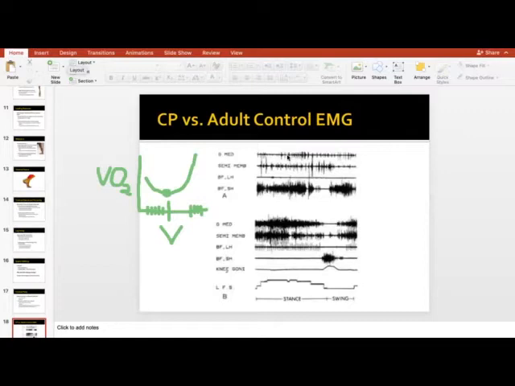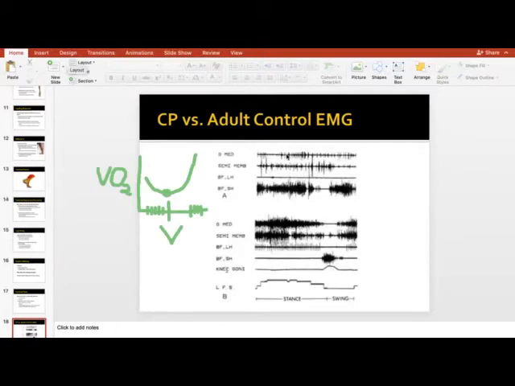And sometimes with CP, it's more of one side of the brain versus the other side of the brain. So maybe one side of the body can swing like a pendulum, but the other side of the body has this co-contraction where all of your muscles are firing all at the same time and all at once. And that stiffens up the limb, whether it's an arm or a leg or whatever.